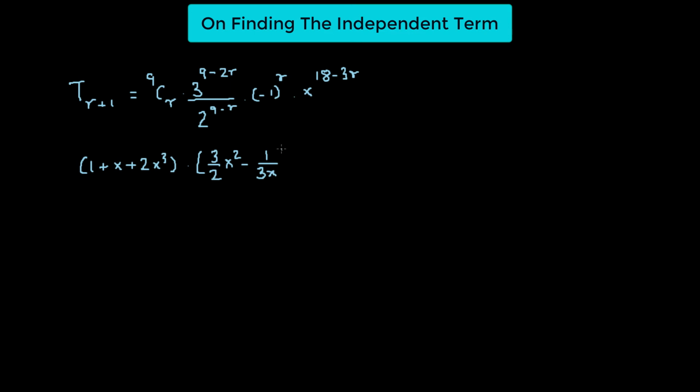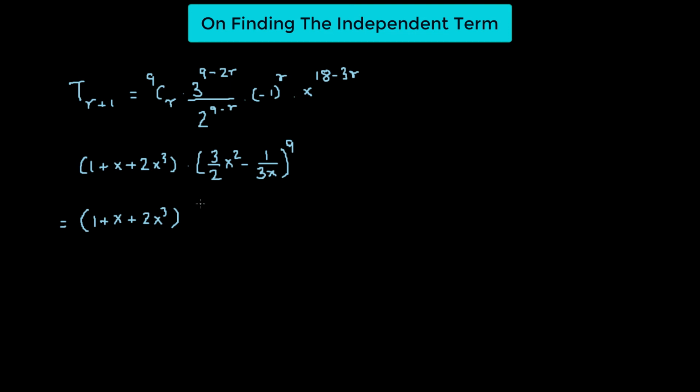So this was our original expression. What we have done is find the (r+1)th term for the second part. So we'll keep the first expression the way it is, 1 plus x plus 2x cubed, and then we replace the second part by the general term.